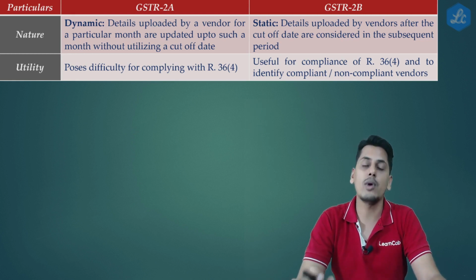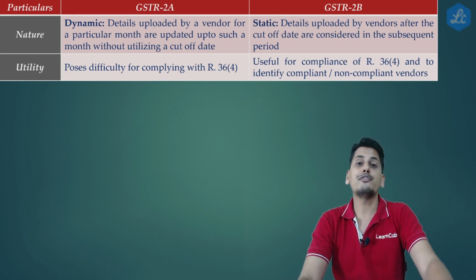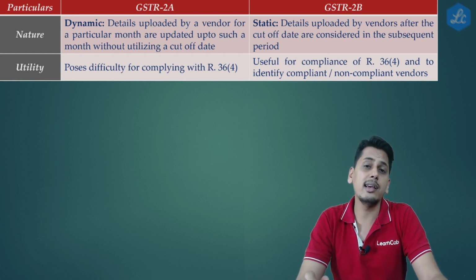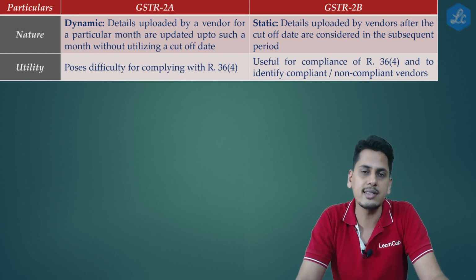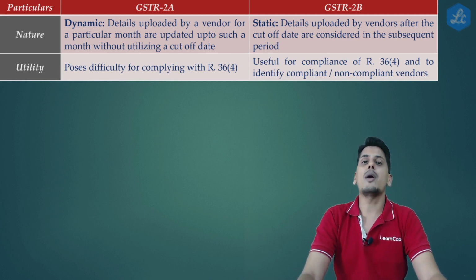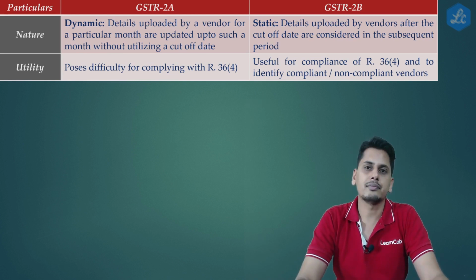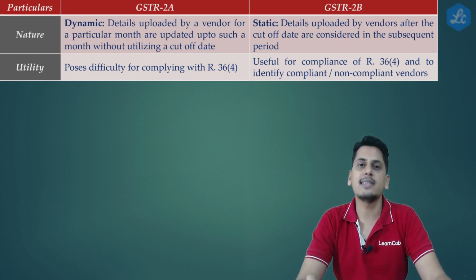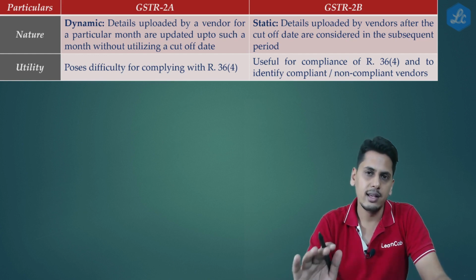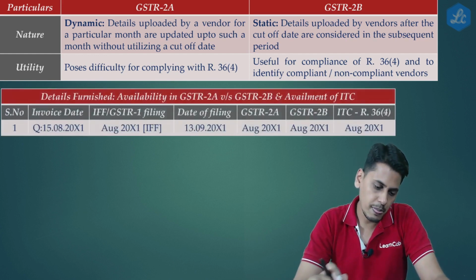They file GSTR 1 on a quarterly basis, and for the first and second month of the quarter, they include the details of their invoices in the invoice furnishing facility. So friends, when the supplier is operating under the QRMP scheme, at the recipient's end, in which month GSTR 2A or 2B the details are going to reflect, let's have a look by the example.